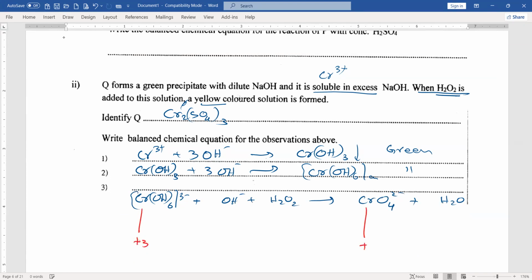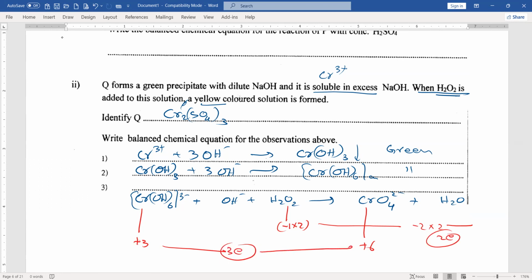Here the oxidation number is +6. In H2O2, the oxidation number of oxygen is -1, times 2 because we have 2 oxygens, and these will be reduced to -2. Therefore, the electron difference is 2 electrons here, and 3 electrons there. So you can interchange and multiply: this by 2, this by 3.